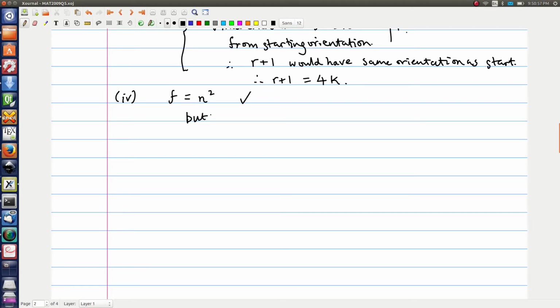So we can say R plus 1 divisible by 4 is not always true.